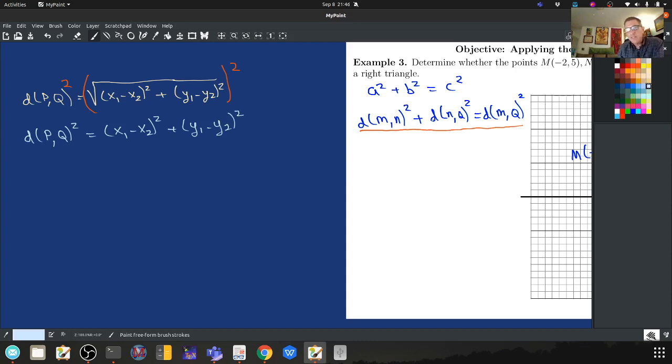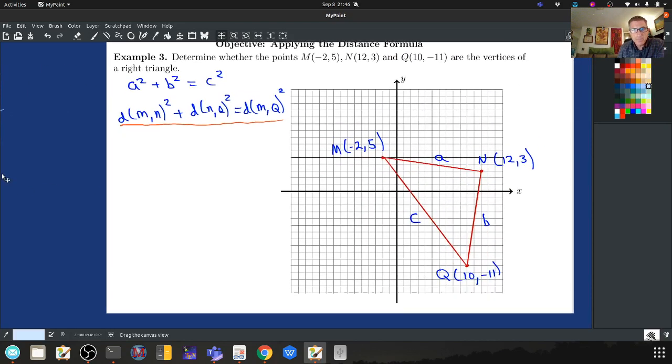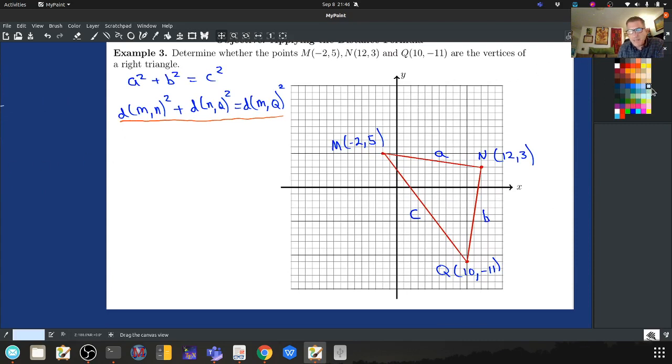So because these distances are squared, I don't have to worry about taking the square root. So we're actually going to use this little formula that was derived from our distance formula by squaring both sides. So let's first find out the distance between M, N.